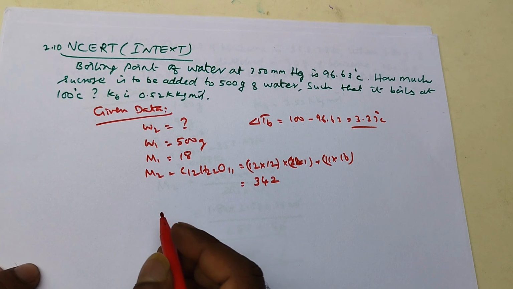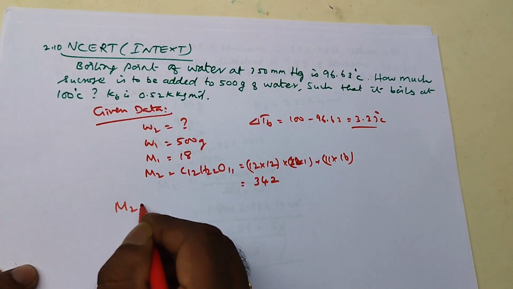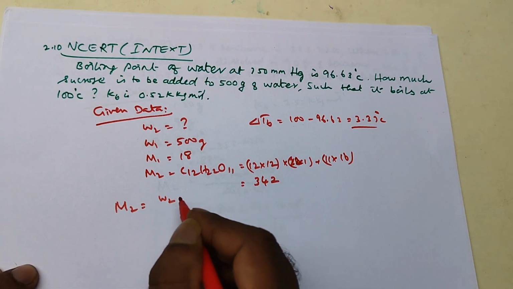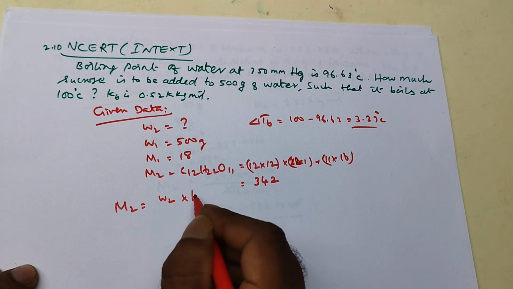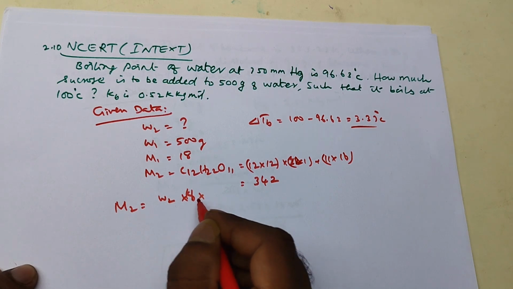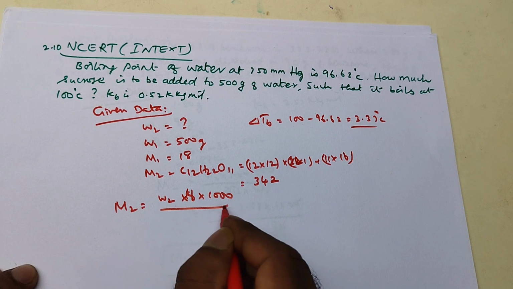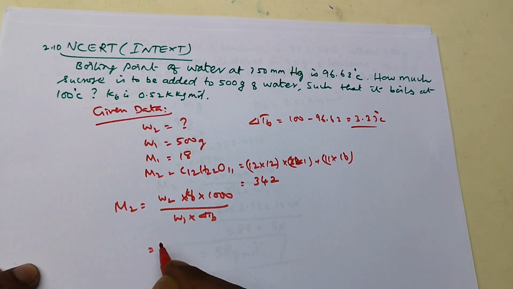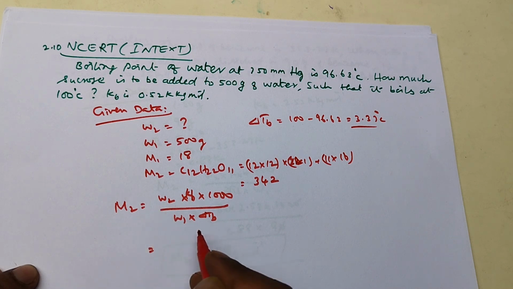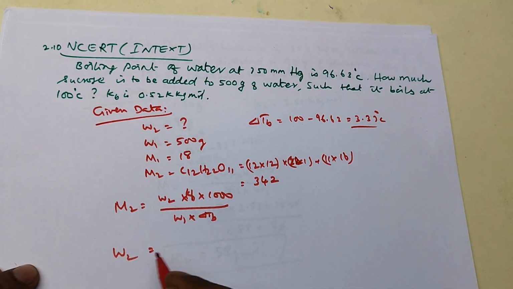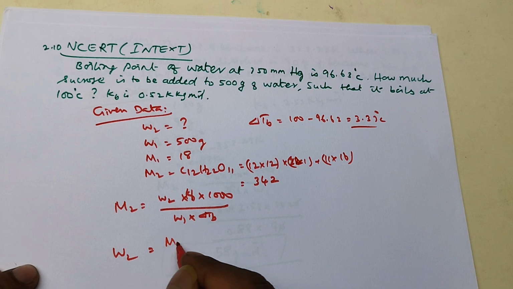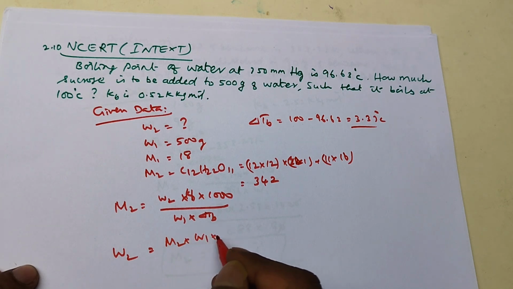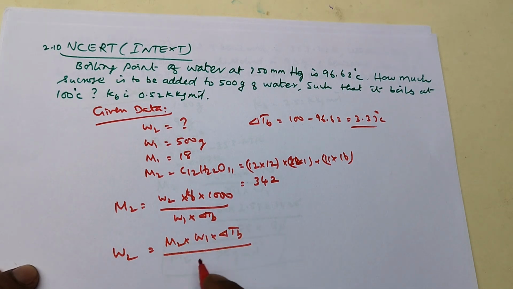We can use the formula straight away. M2 is equal to W2 into Kb into 1000 by W1 into delta TB. Substitute the values here. W2 only you have to find out, so you have to cross multiply. W2 is equal to M2 into W1 into delta TB divided by Kb into 1000.